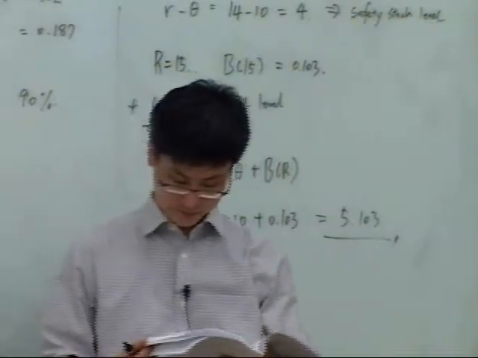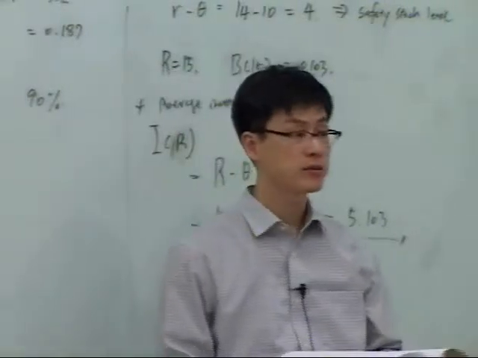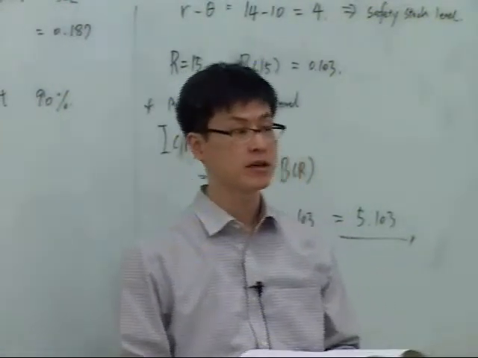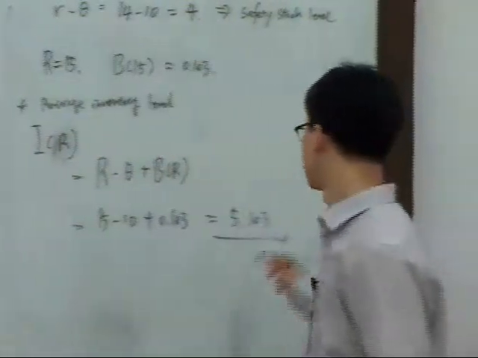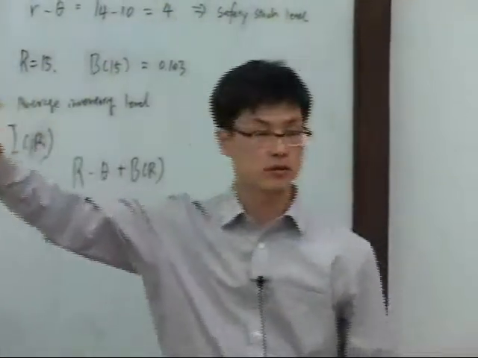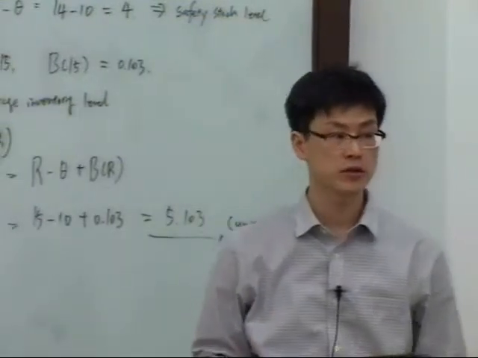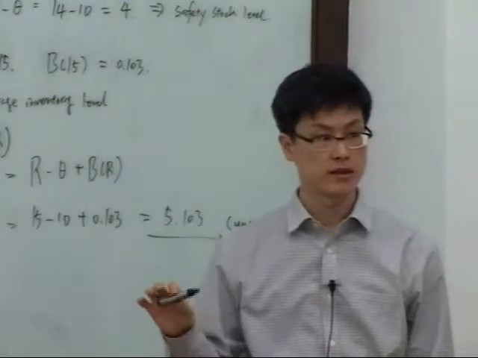Average on-hand inventory level, to be more precise, and it's given in units. So in this situation, your on-hand inventory level, the mean value is around 5 units.